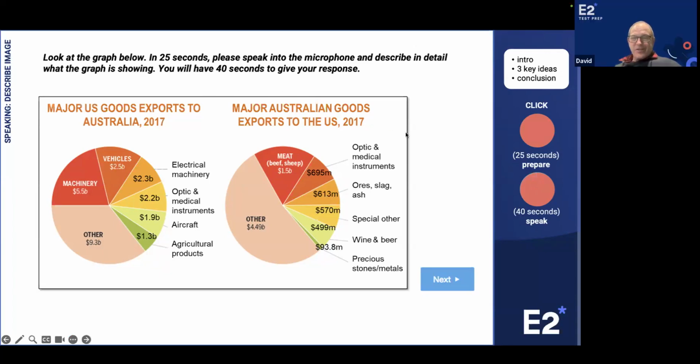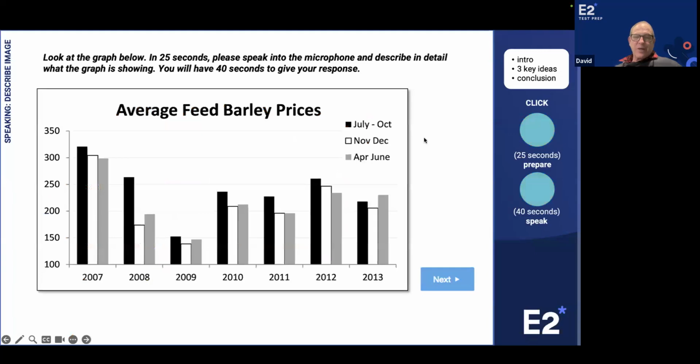Okay, bit of a challenge, but we're going to get good at this. Let's do another one. Title, x-axis, 3 key features and conclusion.